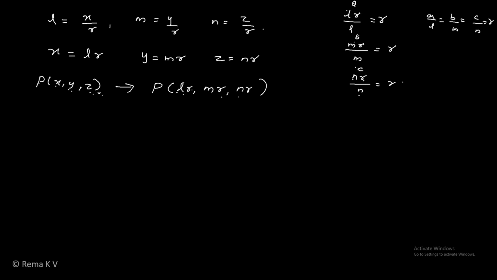So A by L is equal to r, B by M is equal to r, C by N is equal to r.